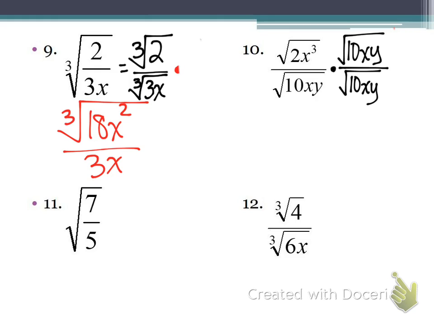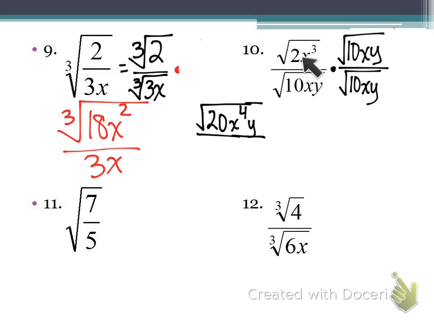So in my numerator, I'm going to have the square root of what? 20 x to the fourth y.